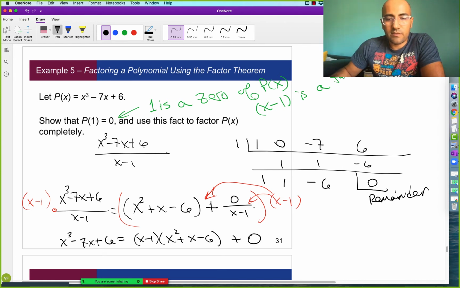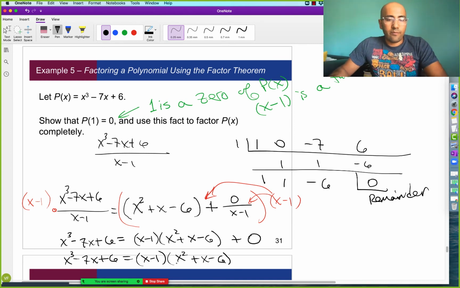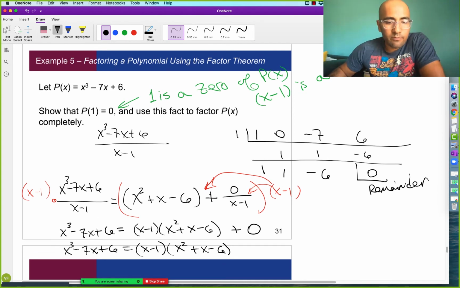So this times this cancels and we have a plus 0. So you don't have to write the plus 0 down, and we could just say that x to the third power minus 7x plus 6 equals x minus 1 times x squared plus x minus 6, just ignoring that 0, and we've managed to further factor this thing, right?